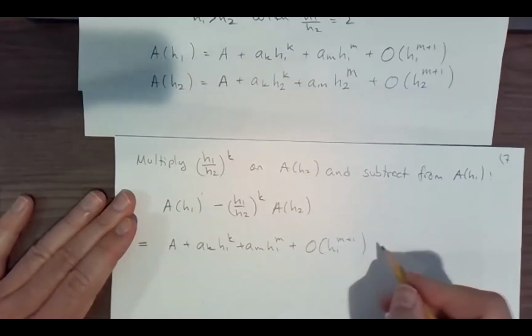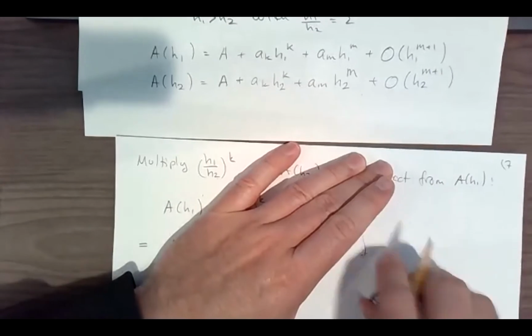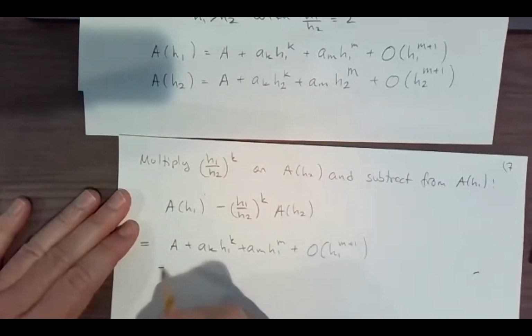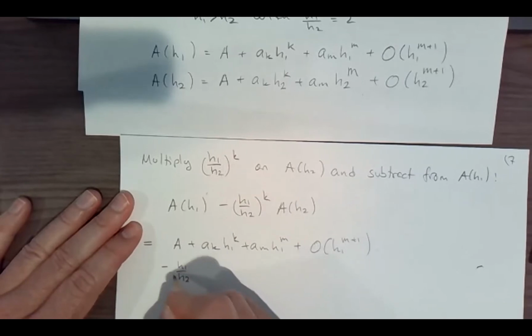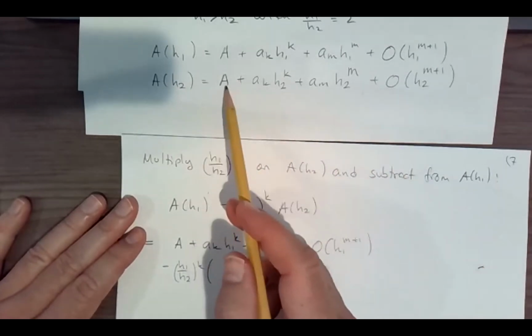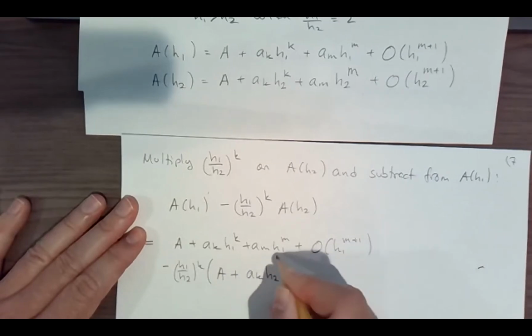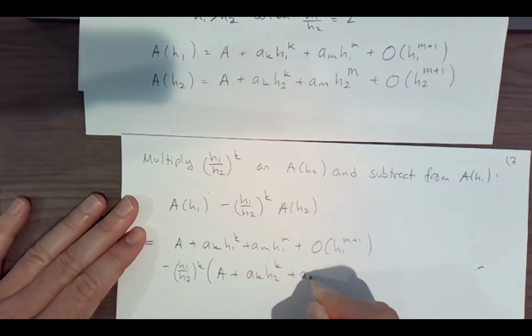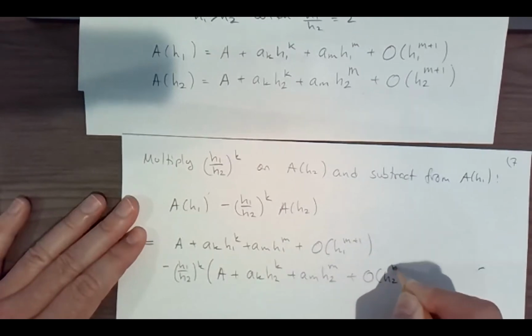That was the first one, and then I subtract away, with the multiplier H1 over H2 to the power K, and everything inside here, I have to plug in what A of H2 is: A plus AK H2 to the power K plus AM H2 to the power M, O of H2 to the M plus 1.